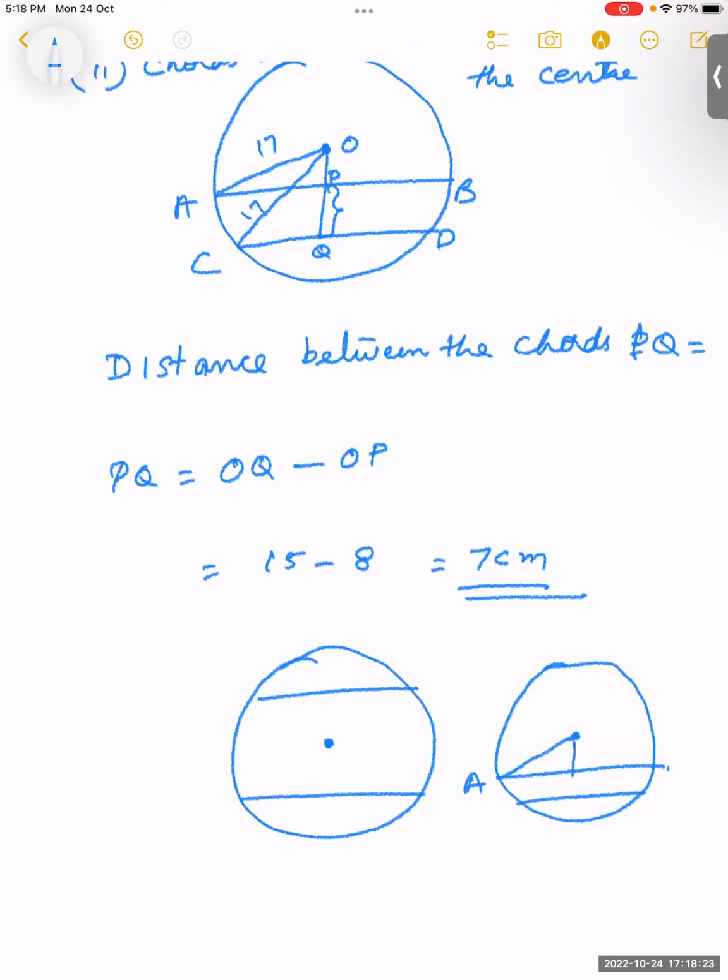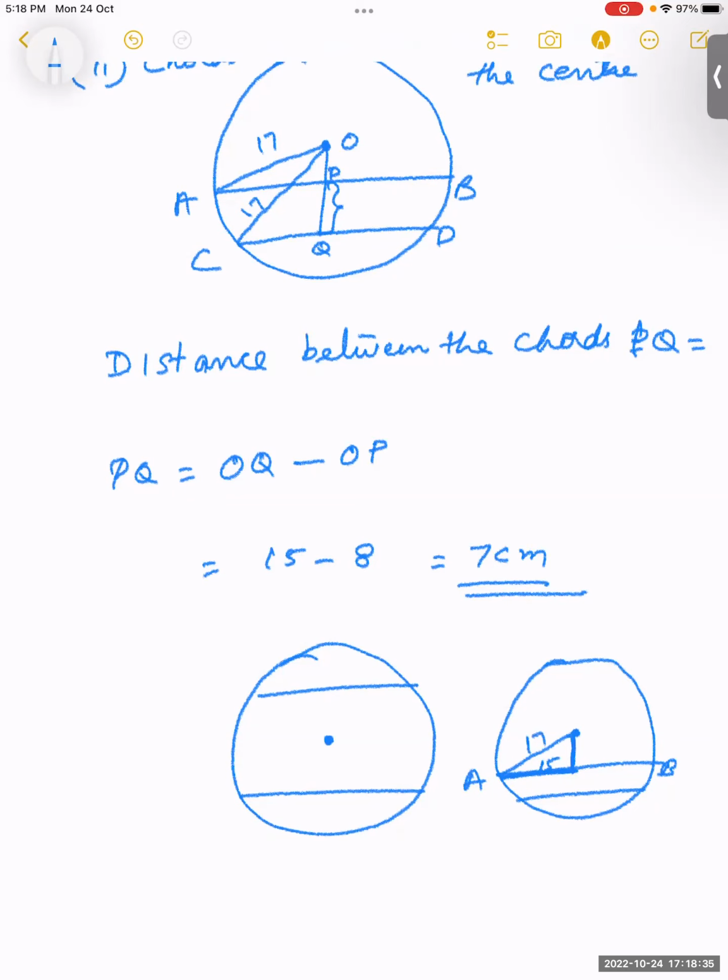The length of AB and the perpendicular, when it cuts, this is bisecting. So this continues to be 15 itself. This side is going to be 15. This side is going to be 17 itself. So when the hypotenuse is 17 and one side is 15, how will you calculate the other side? 17 square minus 15 square, right?